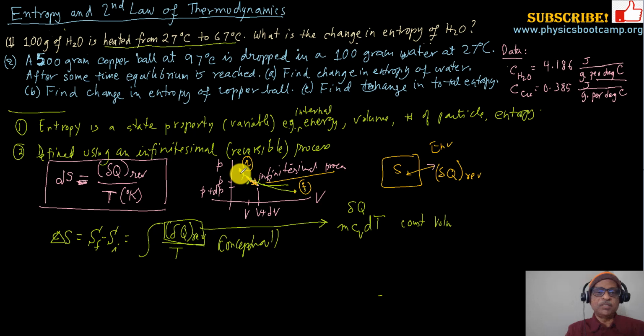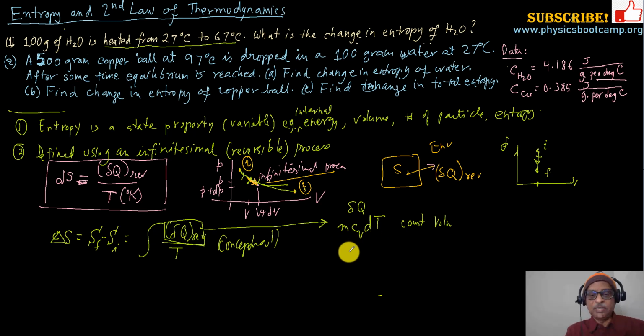So if this process was like this kind of process, you have a P and V. If the process is like that, I didn't change the volume. So if this was initial and this is the final, the isochoric process is constant volume, then it will be like this.